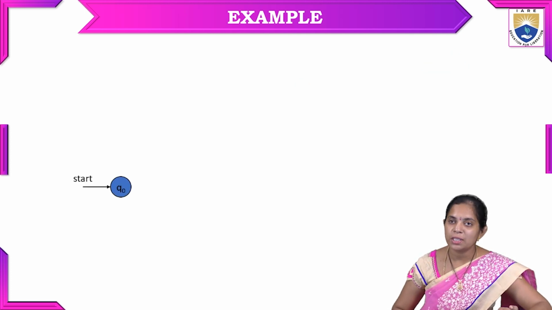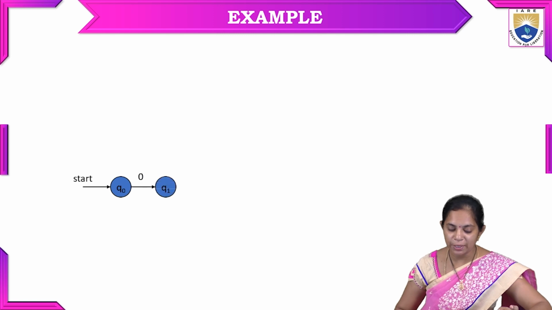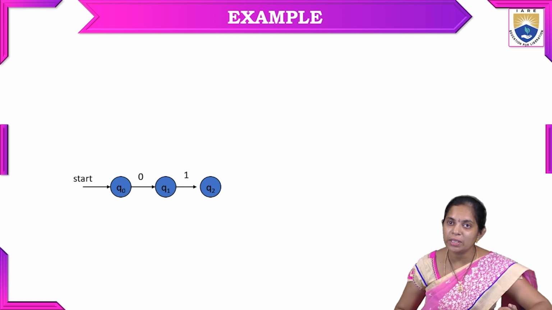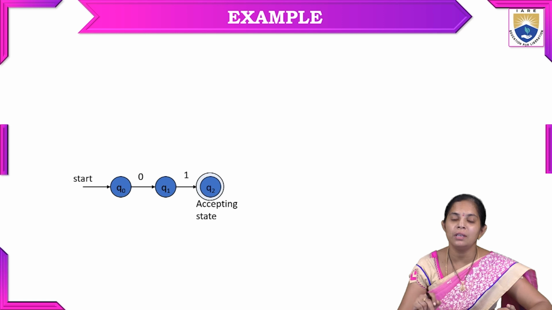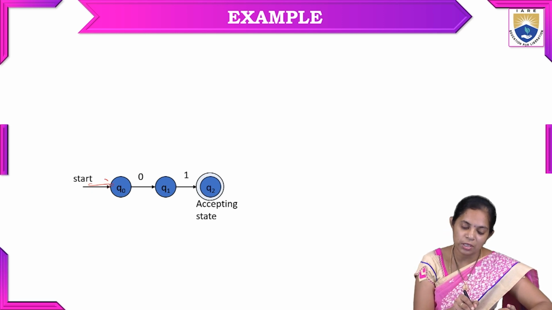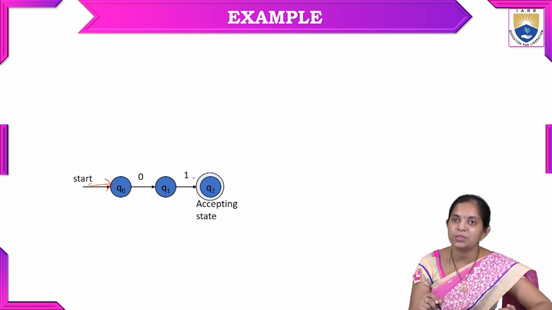First we start with q0, and the minimum string is 01. Once 01 is reached, we are in the final state, which is represented as the accepting state with a double circle. This one is the initial state and this one is the final state.